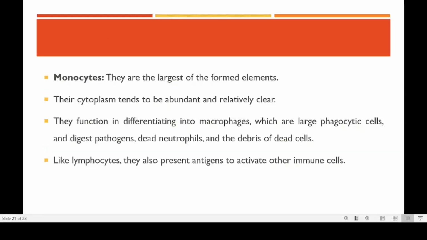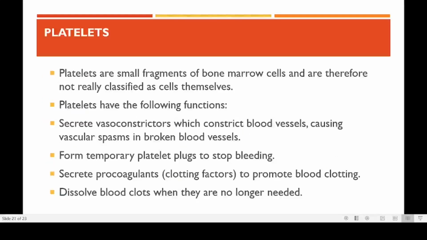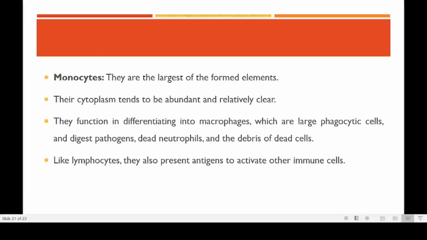And a somewhat similar type of antigen presenting function is also done by the monocytes. So the monocytes have that important function. They present antigens to different cells, and thereby destroy or kill it. So these are some of the functions of the monocyte.